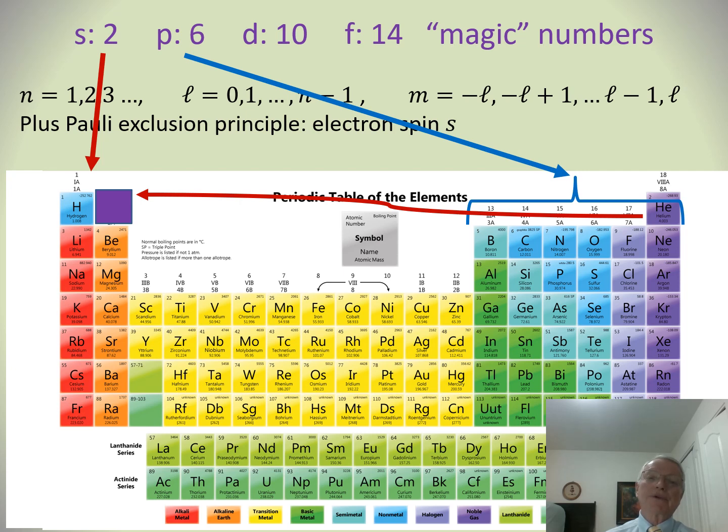And L equal 3 would give you M's of -3, -2, -1, 0, 1, 2, 3. That's 7. 2 times 7 is 14. You'll notice that those 14 are all missing until you get clear up to row 1, 2, 3, 4, 5, 6. And so the F states have been pushed way up to high energy as well. And the first one of those shows up in row 6.